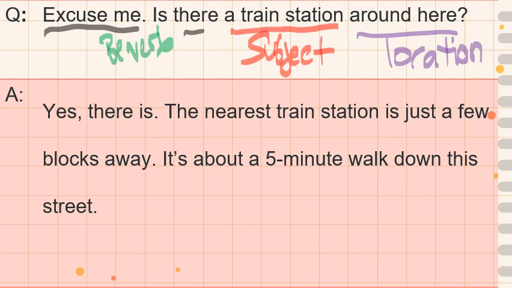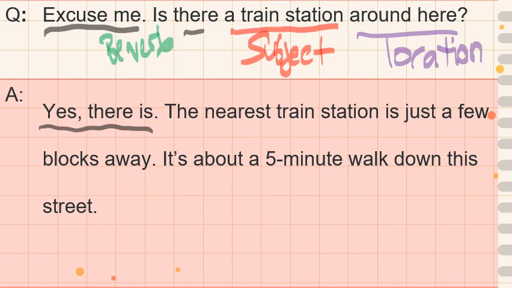The answer would be yes, there is. The nearest train station is just a few blocks away. It's about a 5-minute walk down this street. Okay, you can only say yes, there is.